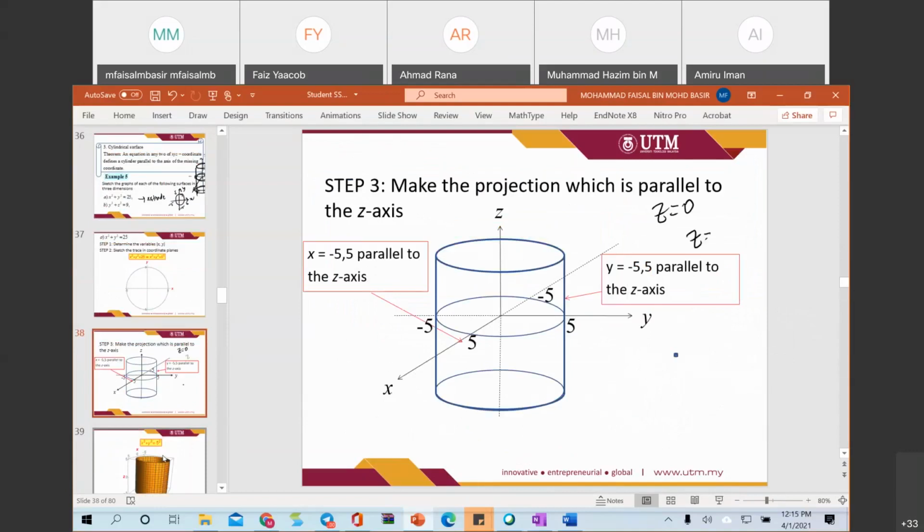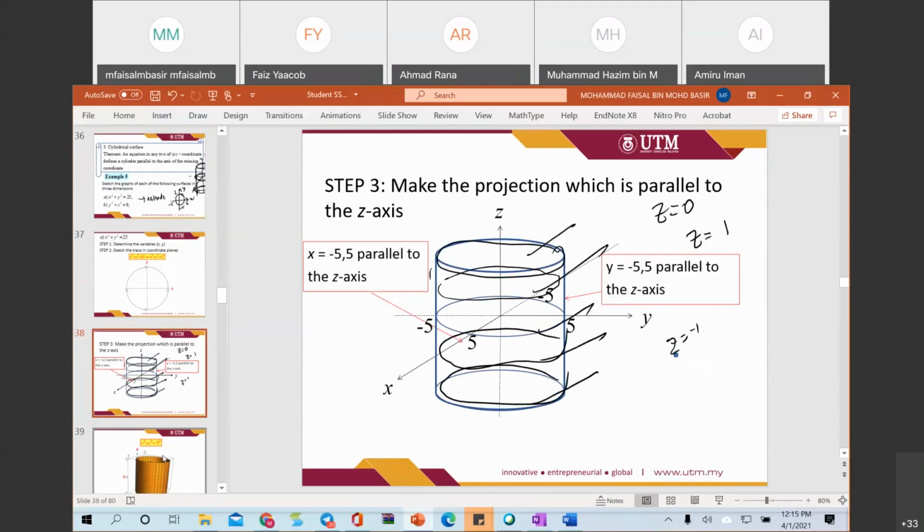But if we set z equals to 1, it will be another circle. If z equals to negative 1, another circle. Z equals to 5 here. Negative 5 is here. And then you combine this, we call this thing, what is the name? Level curve.